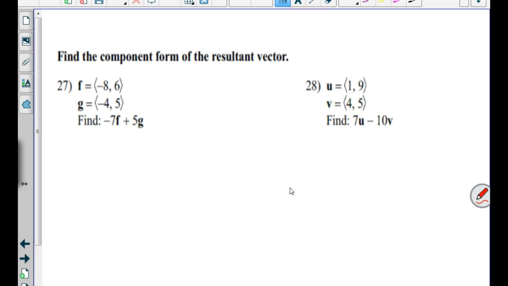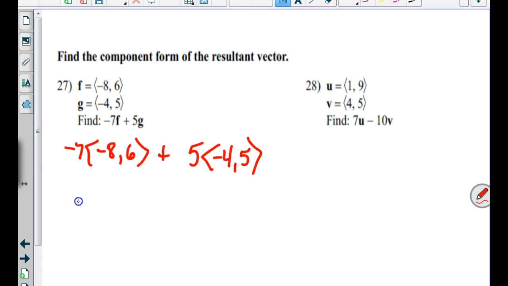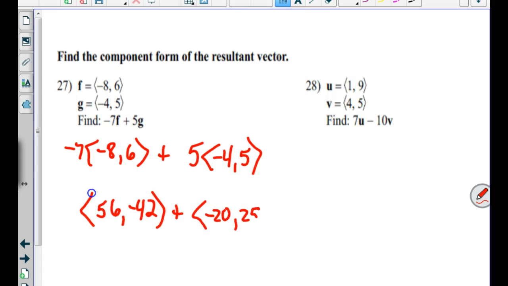All right, what about 27? Any questions about these kind? You just take negative 7 times everything in the F, and then you take 5 times everything in the G, and then you add them together. So this would be 56, negative 42, negative 20, 25.